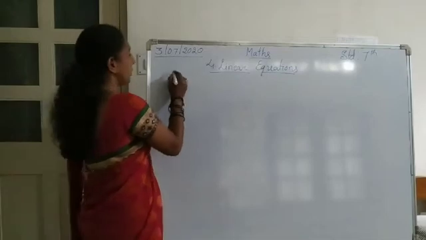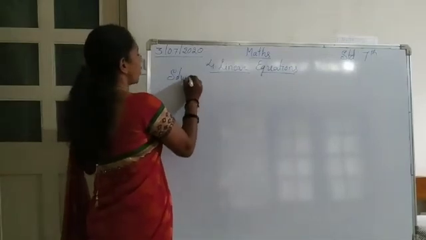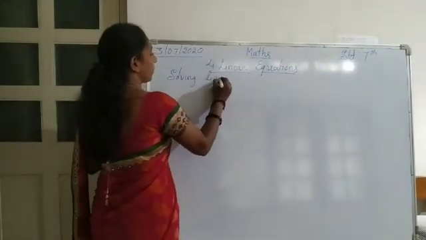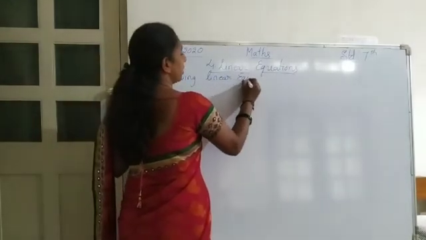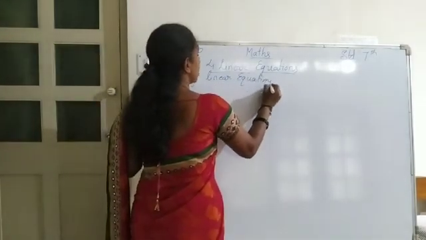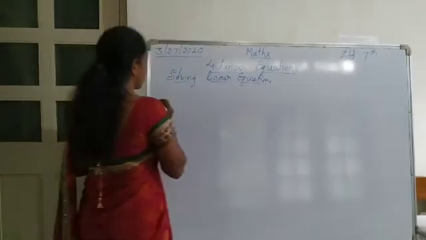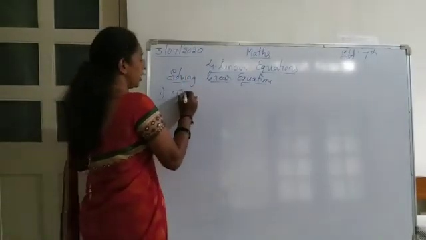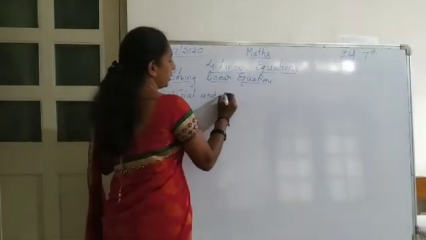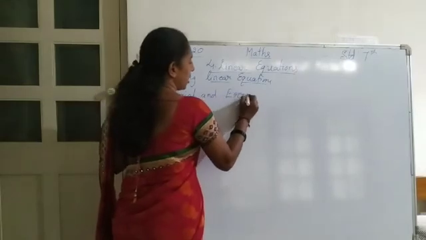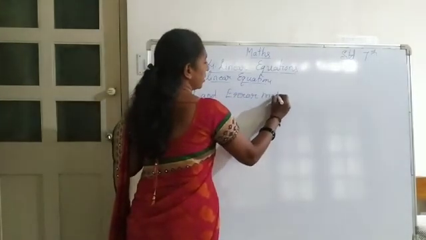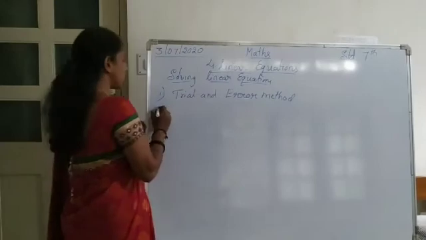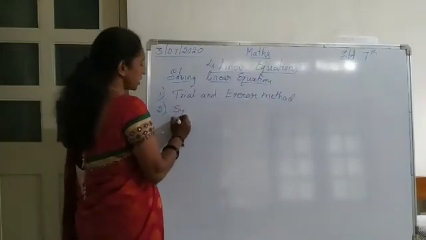So how can we solve linear equations? The first one is called the trial and error method, and the second one is called the systematic method.